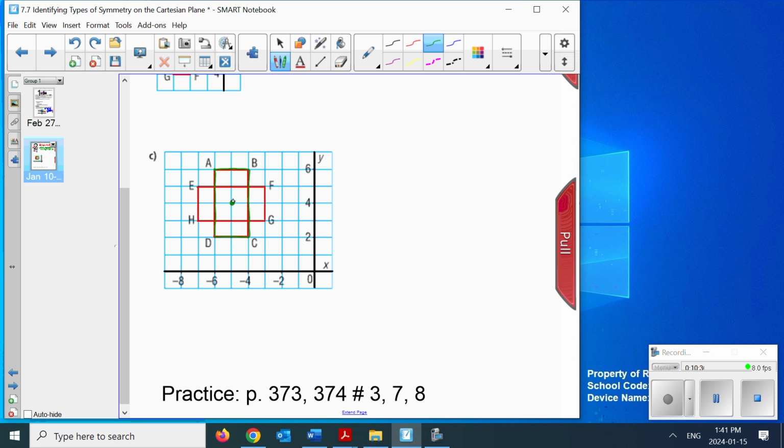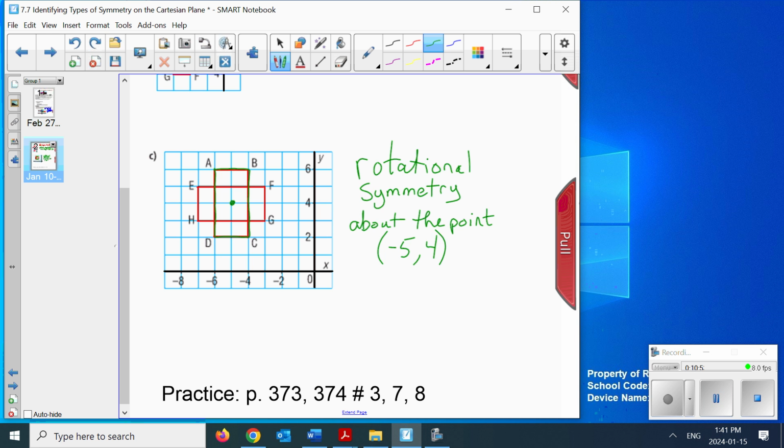You spin it 90 degrees. So rotational symmetry. That is the point, -5 for the x, 4 for the y.